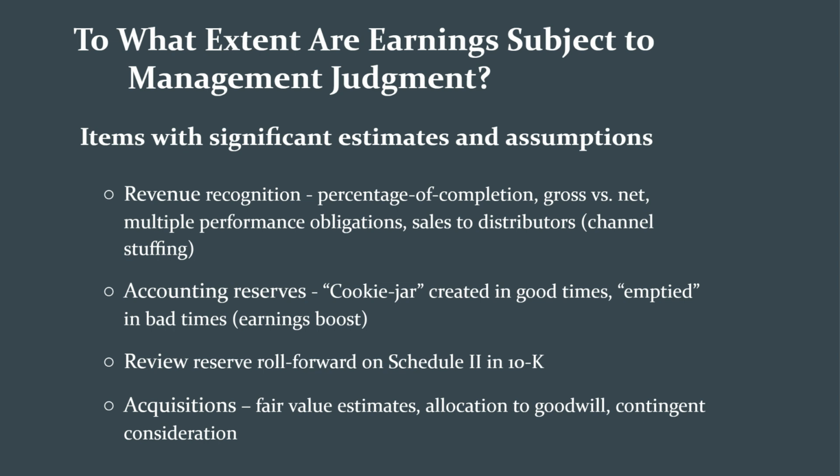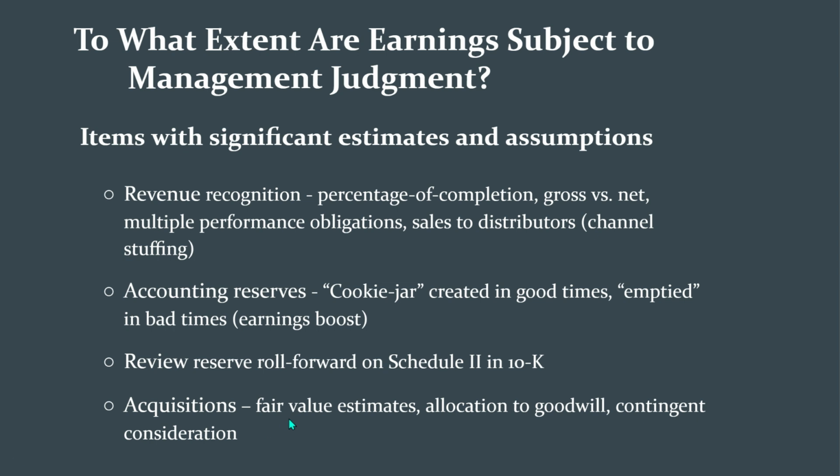And companies have to estimate these reserves. So they could potentially make this reserve too big. And in the future, when customers actually pay up and they don't have to use this cookie jar, they can then put it back into the financials and it actually gives them an earnings boost. You should review the reserve roll forward in schedule 2 in the company's 10K.